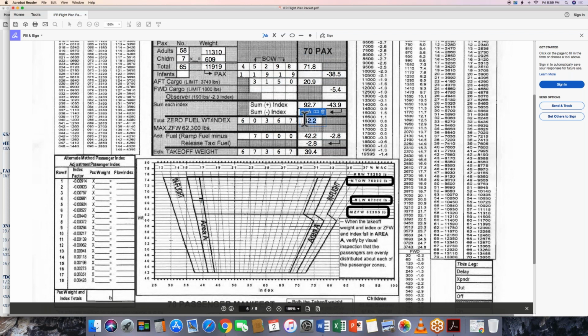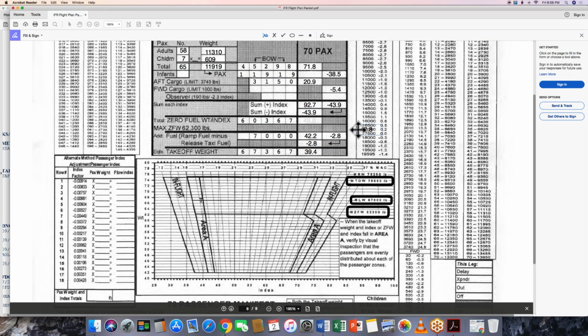That'll change this total. So what's 92.7 minus 43.9? It'd be 38.5, because you don't have that negative 5.4 in the forward compartment.